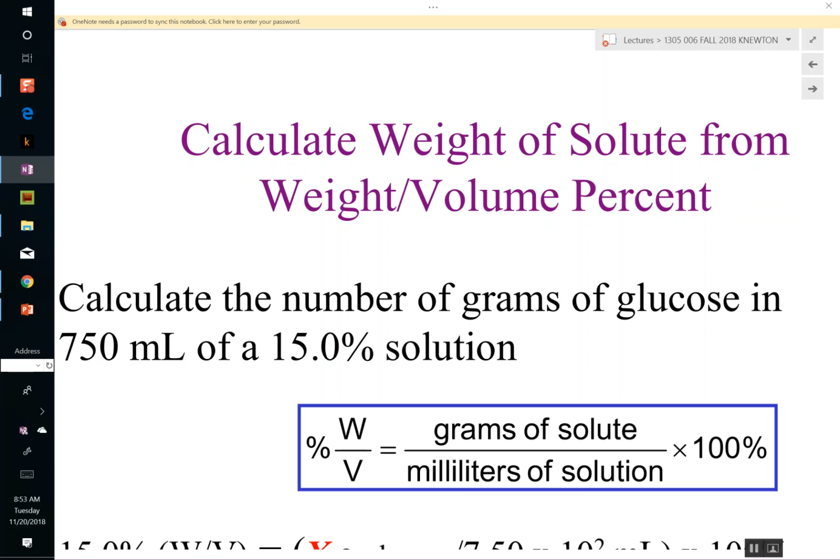Now take your answer, pretend you don't know this, and confirm. Put your answer here. Put the volume of your solution here. And what do you get? 15%. Is that what you should have gotten? Yes. That's what it says.